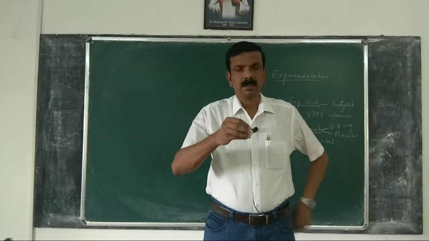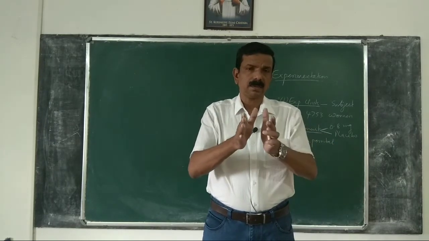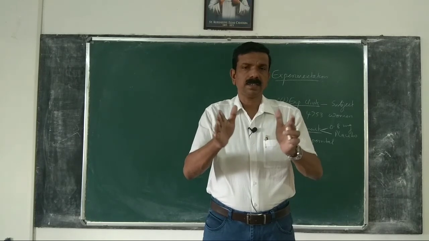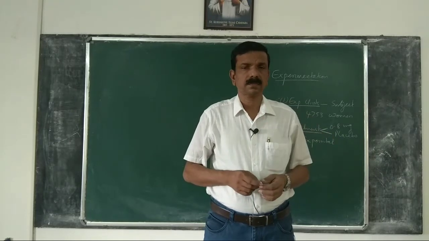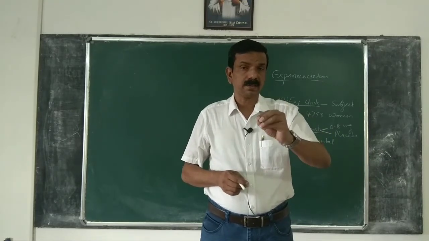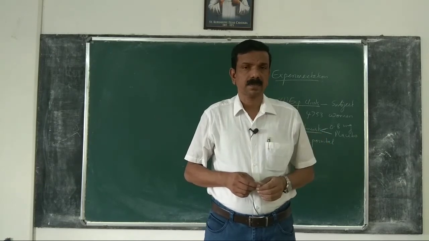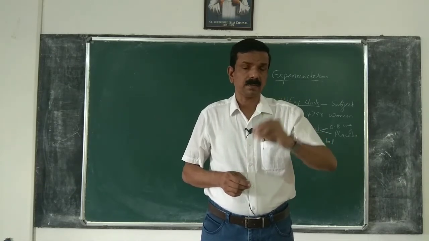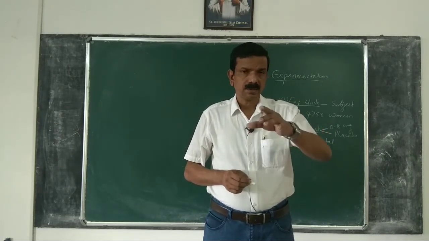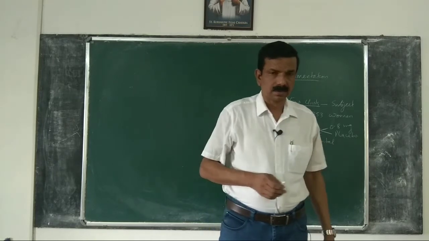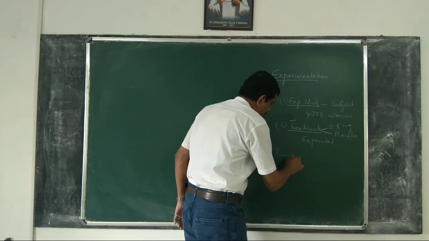For example, in an agricultural experiment, if an agronomist wishes to study the effectiveness of a new fertilizer or a new seed, he has to ensure that it is the effect of the fertilizer or the new seed, not the result of chance. So to ensure this, three principles are used in experimental design.